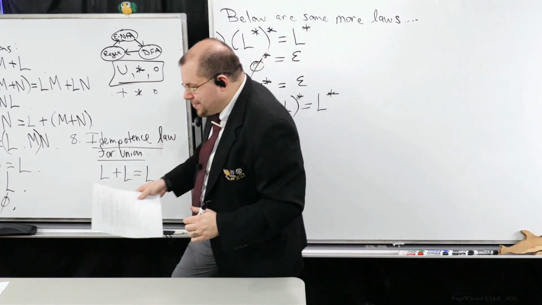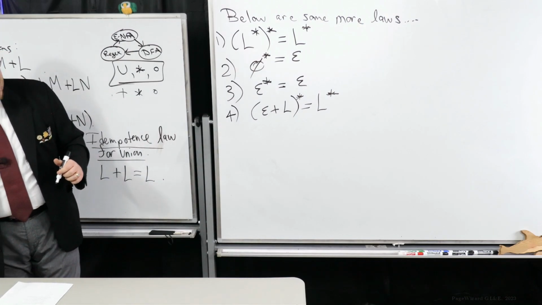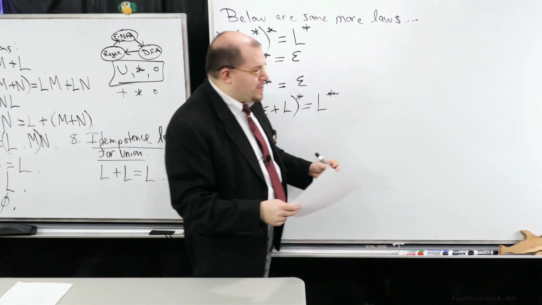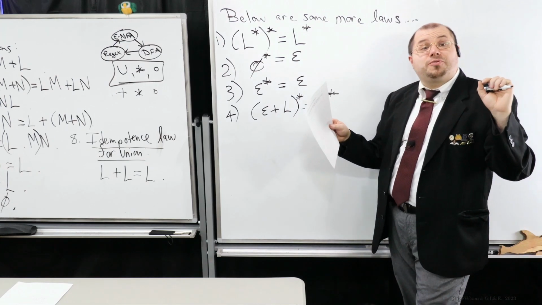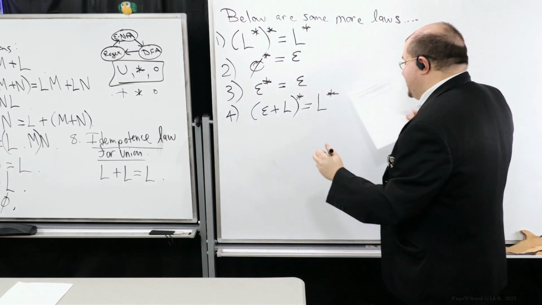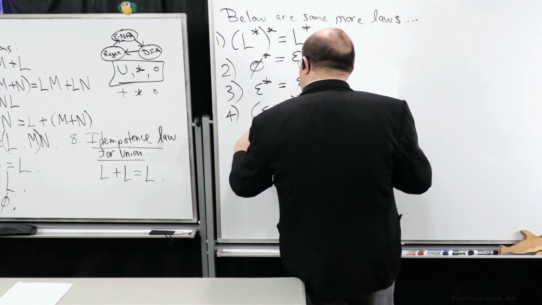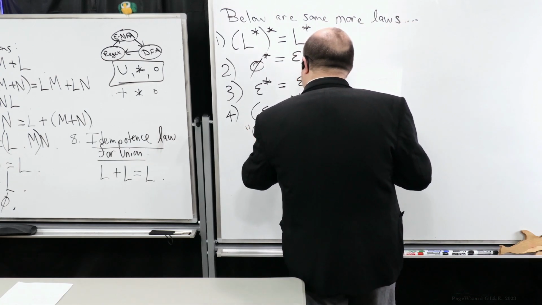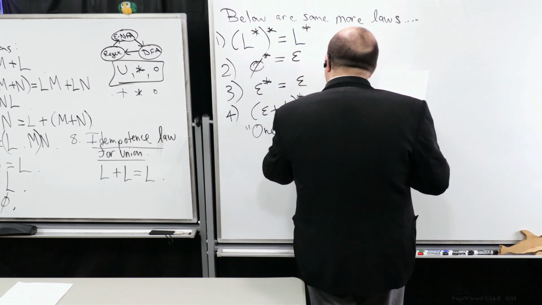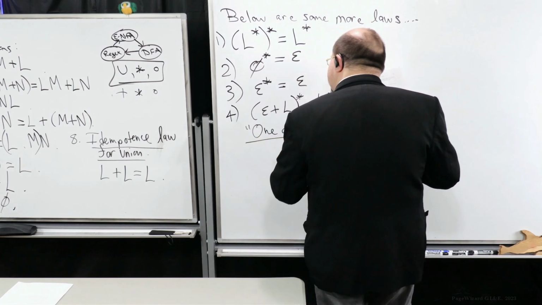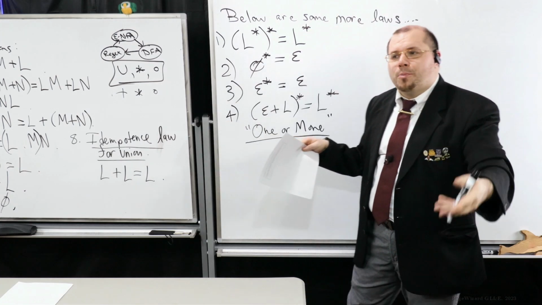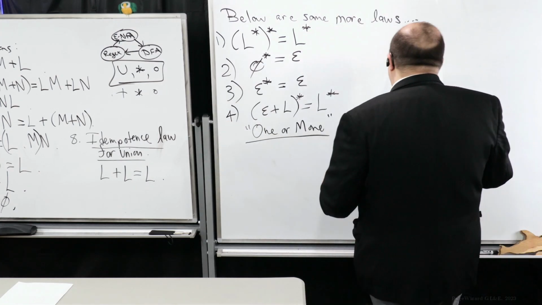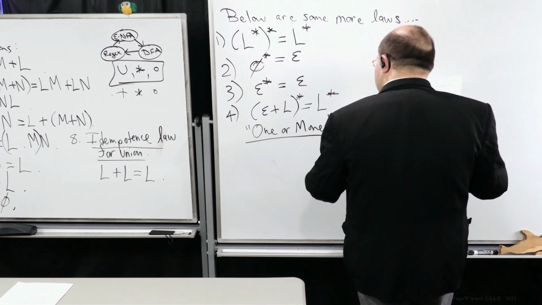Now, a couple other remarks I want to make. It involves writing one or more, and we've touched upon this previously. What do we do with one or more? Star is really useful if I want to say 0 or more, right? If I want to write 0 or more, star is helpful for this. I touched upon this before.